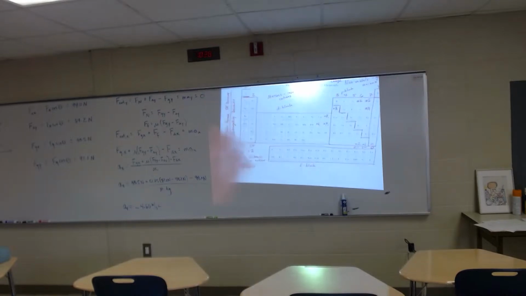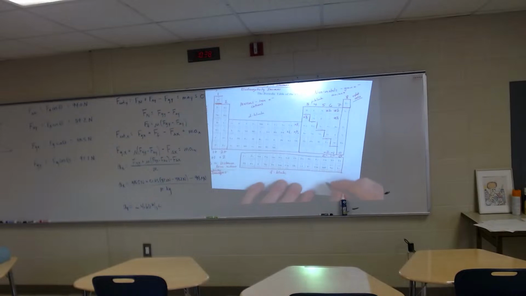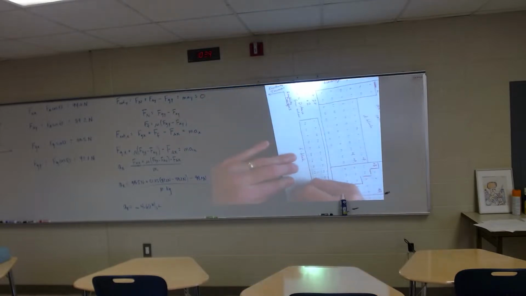For non-metals, it's the opposite. So going across a period on the non-metal side of the table, reactivity increases. Going down a group, reactivity decreases.